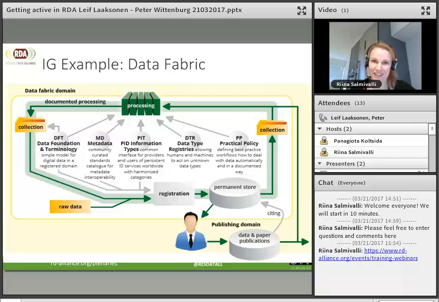In Europe, RDA Europe is providing a small number of grants for early career scientists to participate in the plenaries. So I would encourage people to look up, for the coming plenary, which will be in Montreal, an opportunity to receive a small grant to attend that plenary.